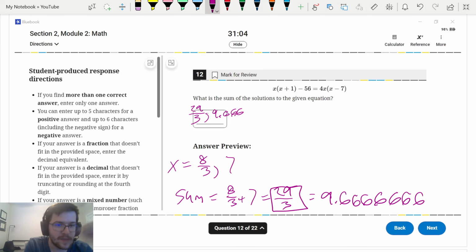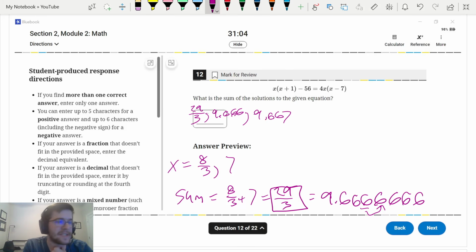So you see, and it says that on the left, right? Up to 5 characters. So it says truncating or rounding at the 4th digit. So that's what we did. So we truncated, that means to just cut it off. And then rounding, so you see to the right of 6, there's a number bigger than 5. So we could make it 9.667.